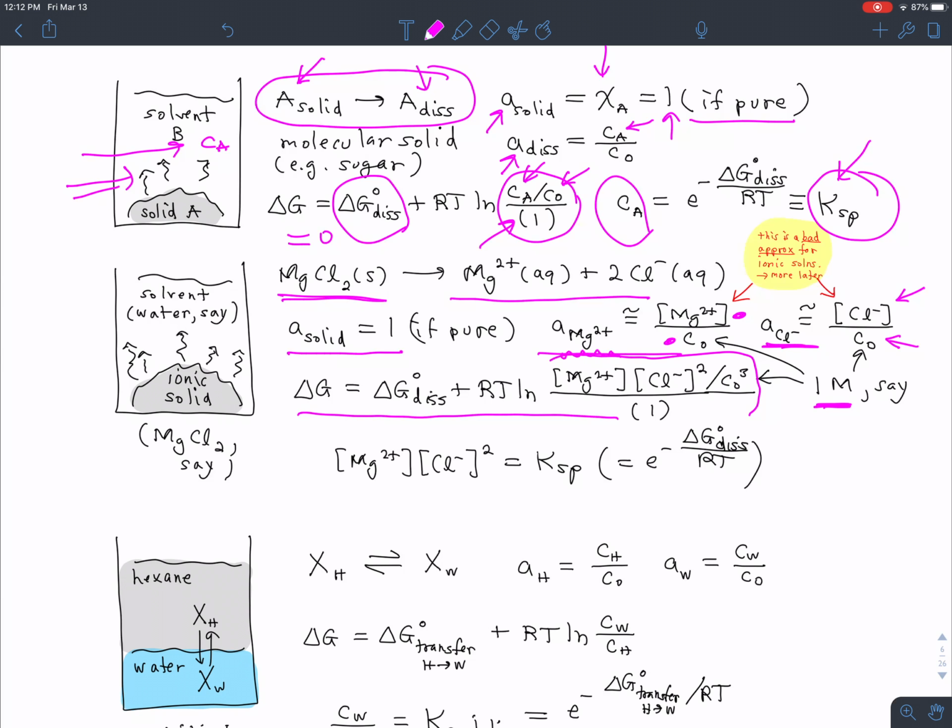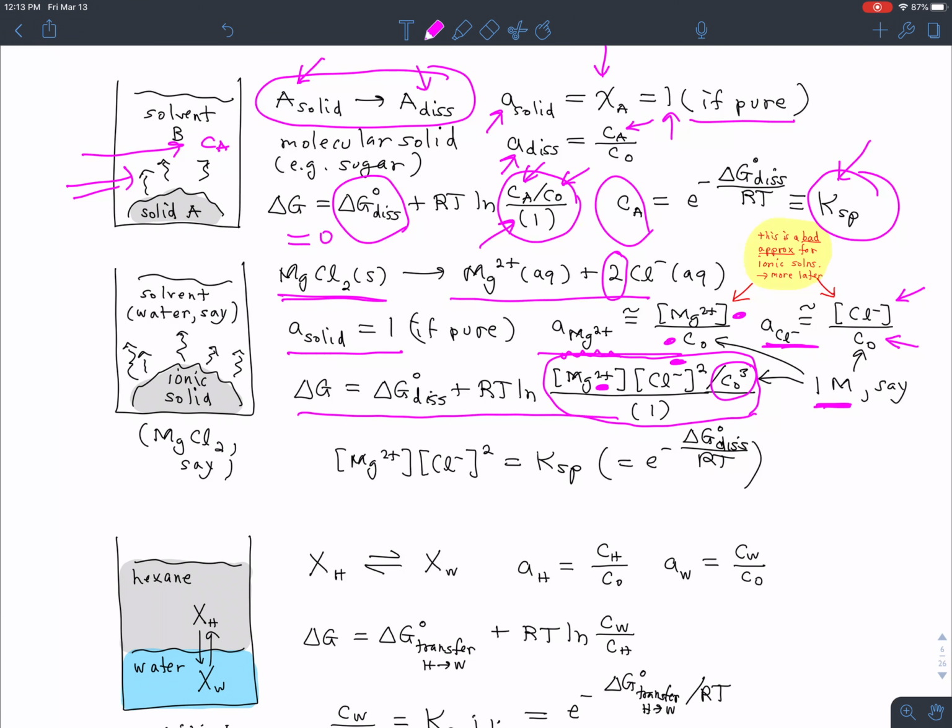In this case, Q is equal to the activity for magnesium 2 plus, which is proportional at least to the magnesium molar concentration, times the activity for chloride ion concentration squared, right? Because 2 chlorides are produced every time a magnesium chloride molecule dissolves. And then all of those are divided, in each case, by the standard state concentration, and since there's 3 powers of it in this case, you get standard state concentration cubed.